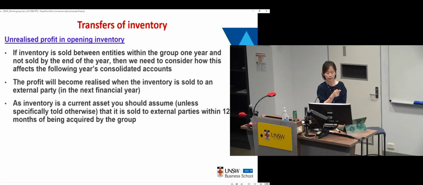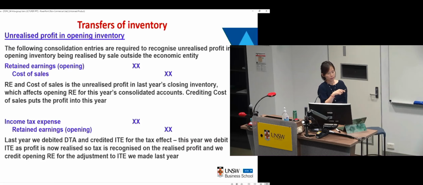Okay. Then how are you going to make your worksheet adjustment? Because the intragroup transfer of inventory occurred in the prior year, it is contained in the prior year worksheet. There is an elimination of the intragroup sales revenue, cost of sale, and the ITE adjustment. Now, remember your worksheet adjustment is a notional adjustment.